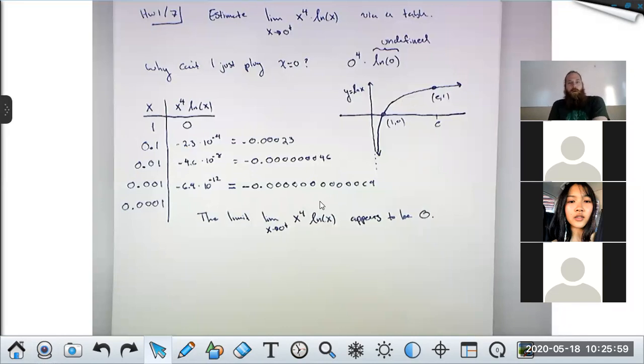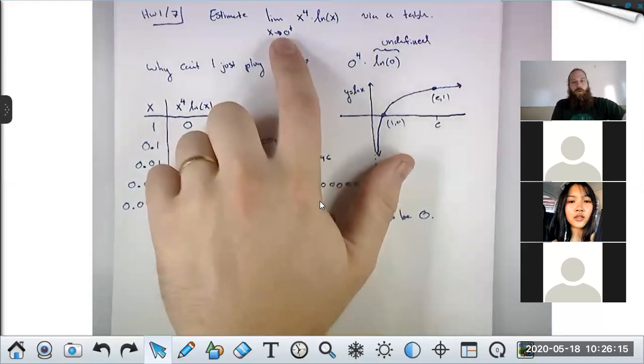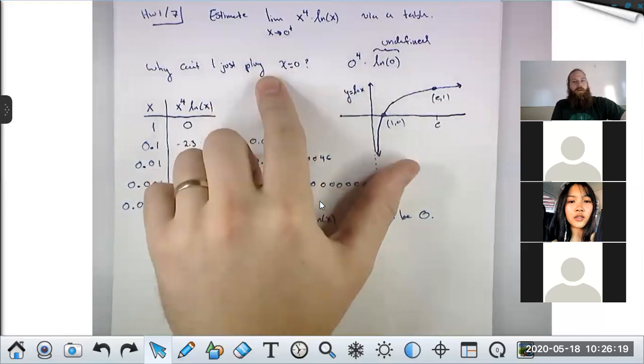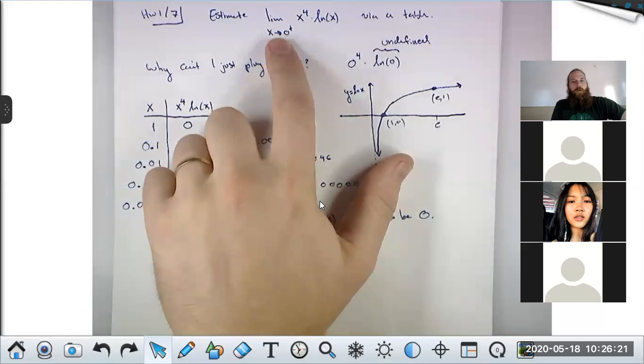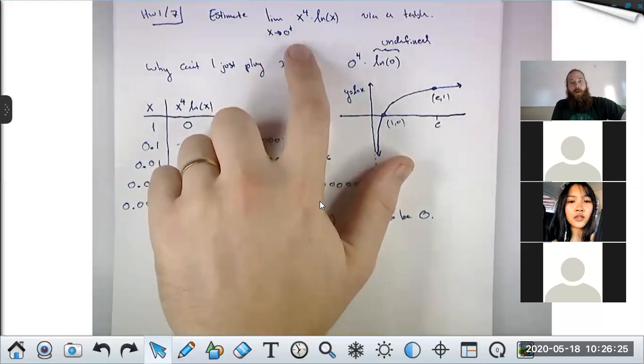So what if we were trying to go somewhere other than 0? Turns out 0 is the only interesting place for this function. 0 is the only number that I can't plug in, but I can get close to for this function. If I was looking at the limit as x goes to 1 or 2 or e or 5 or 10, all of those limits I could get just by plugging in. But 0 is the only place where this function is undefined, but I can sneak up on it.